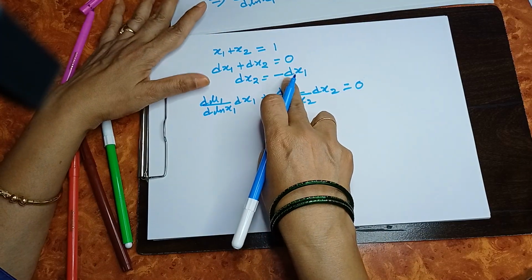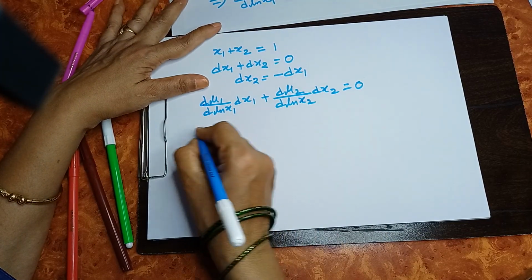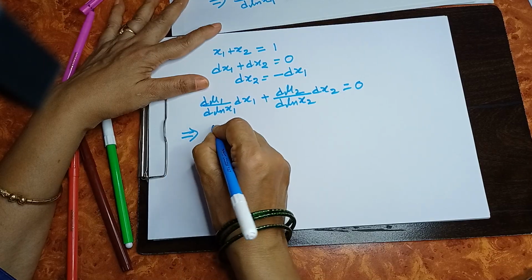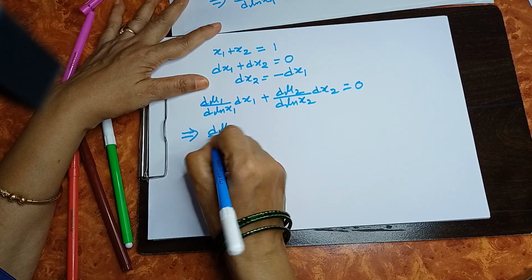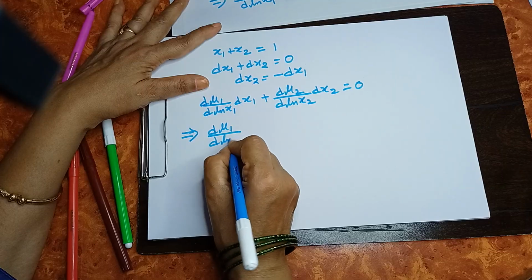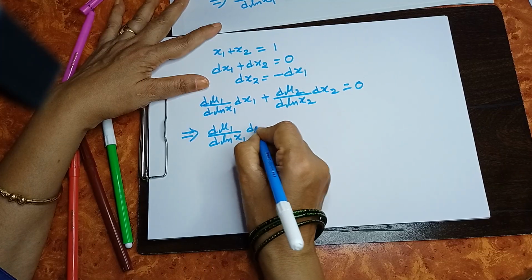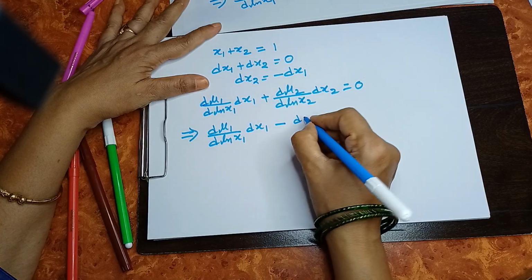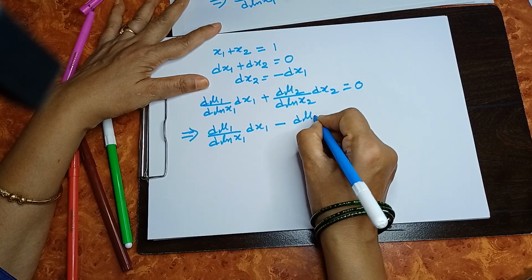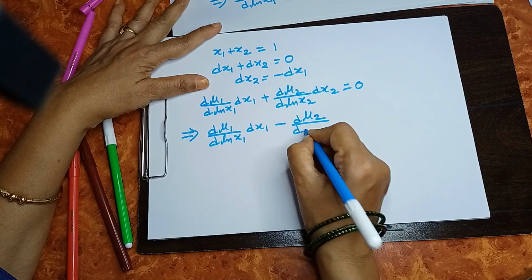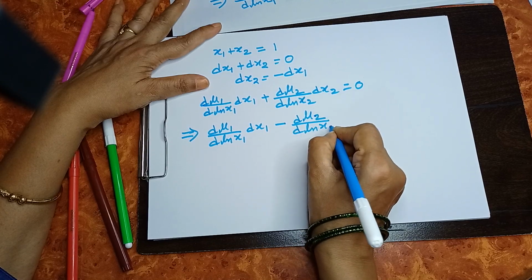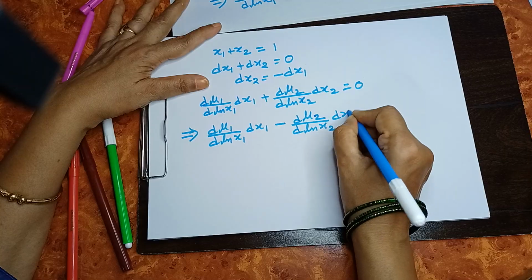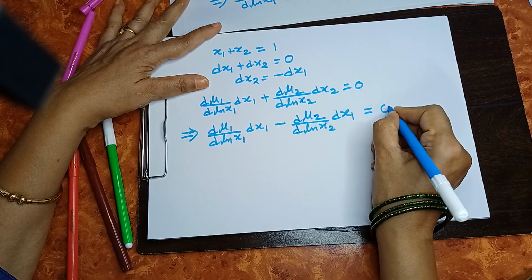In place of dx2 I will write minus dx1. Then what will it be? d mu 1 by d ln x1 dx1 minus d mu 2 by d ln x2 dx1 is equal to 0.